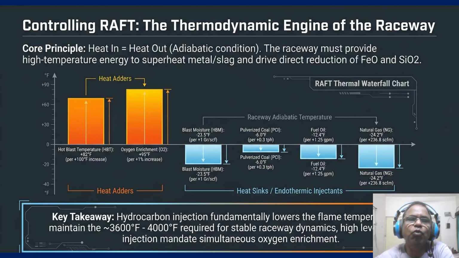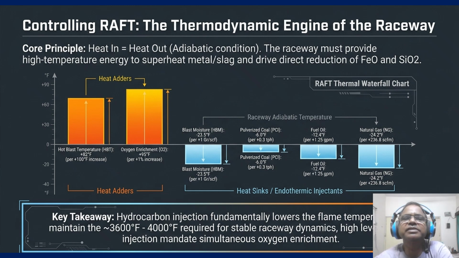So what is critical? Hydrogen injection fundamentally lowers the flame temperature by a big margin. To maintain the 3600 Fahrenheit to 4000 Fahrenheit required for stable raceway dynamics and silica reduction, a high level of fuel injection mandates simultaneous oxygen management.